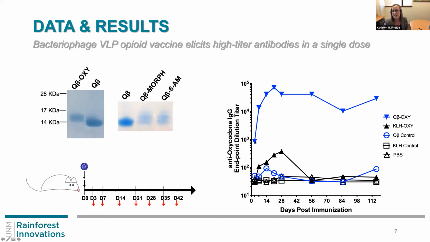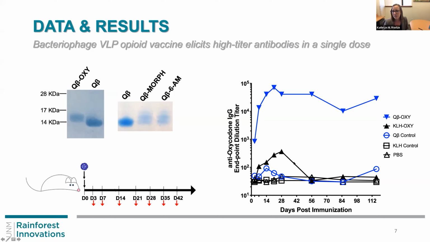And so as you can see, as early as 3 days post a single immunization, we start to see antibodies appear in the mice. Those reach high titers by about 7 days, and we reach peak titers around 14 to 21 days. And as far out as we've seen so far, this is 112 days post-immunization, we still have high titer antibodies.